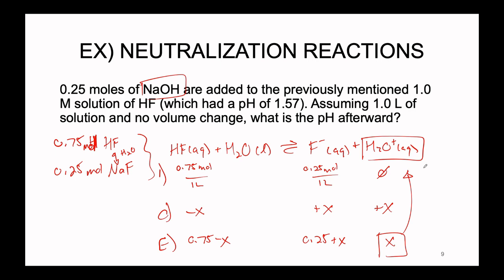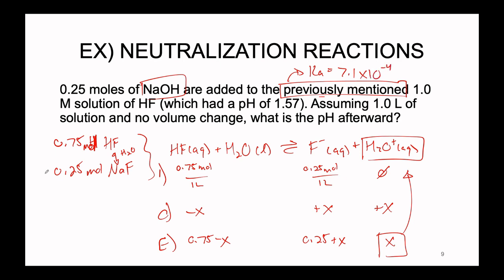Now, there's no Ka explicitly listed in this problem, but since this is a reference to a problem from Wednesday, previously mentioned, our previous information is still going to be viable here. The Ka was previously told to us, which is equal to 7.1 times 10 to the negative 4.